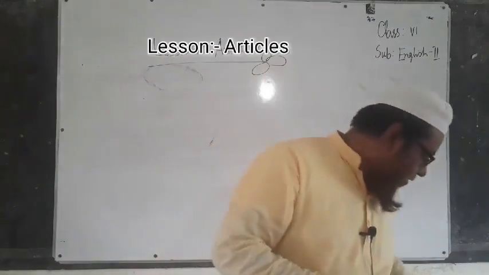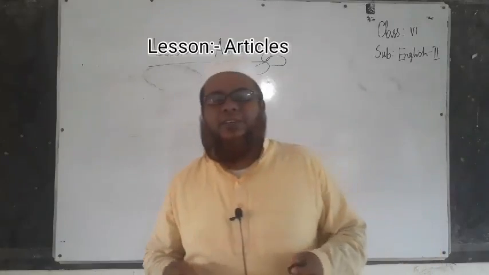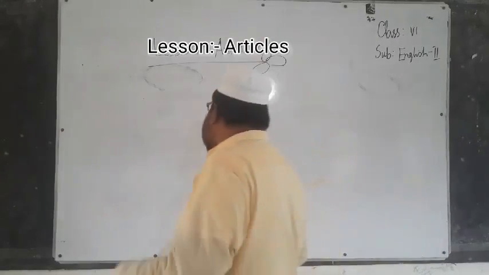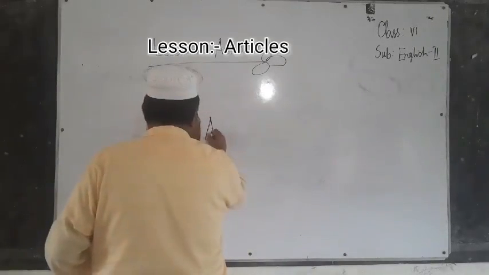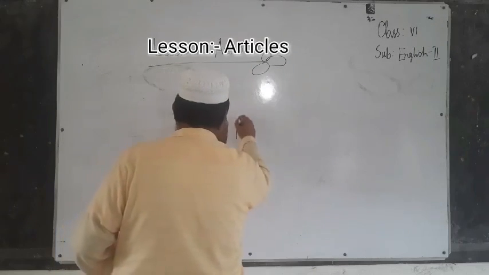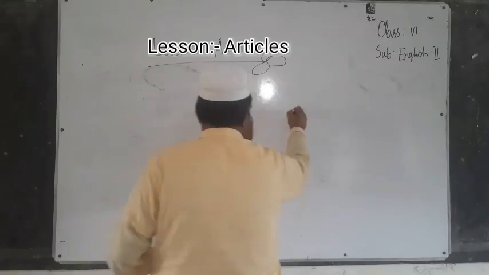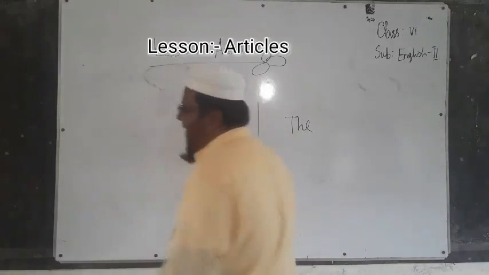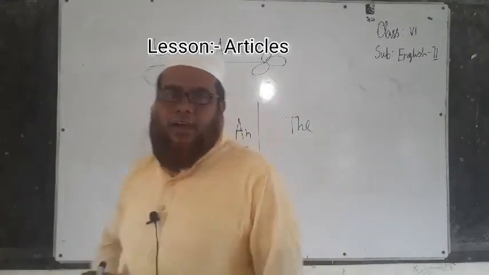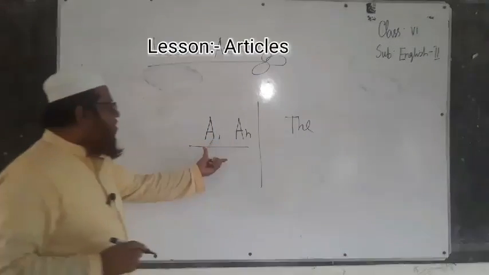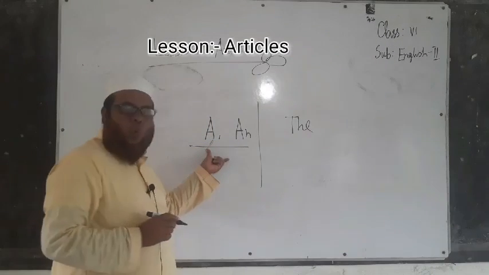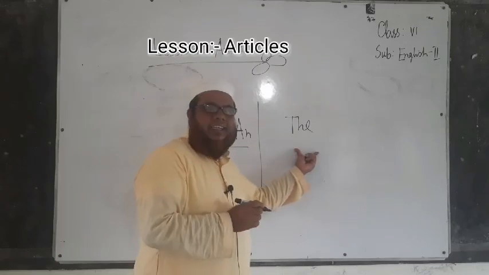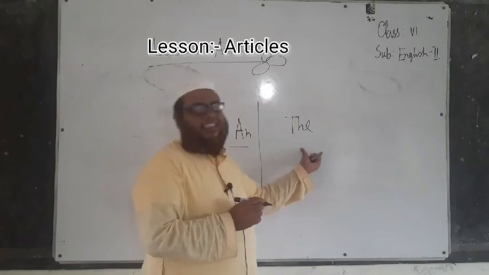A few minutes ago, you learned that A, An and The, these three words are called article. A and An, these two words are one kind of article, and the other word, The, is another article alone.